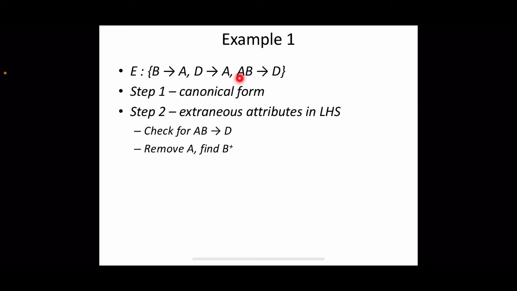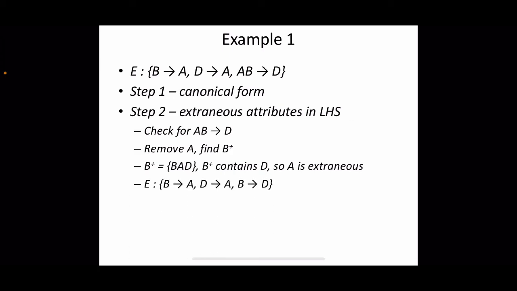If so, we have to remove that. So what you have to do is remove this A, find B closure with respect to this dependency set. B closure, applying the closure algorithm, we will get BAD. And this BAD contains the right hand side D. So we can say that A is actually extraneous. We can remove that dependency from the set.